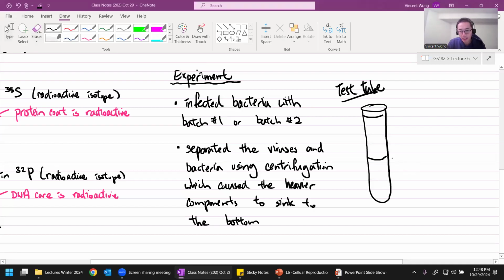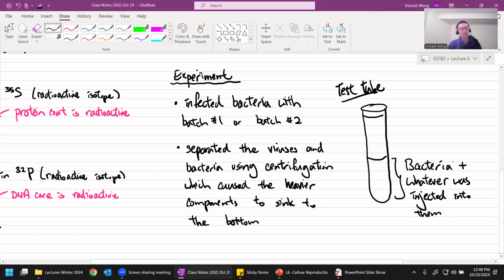This bottom part here will be the bacteria plus whatever was injected into them. Remember, they knew something got into the bacteria from the virus. They just didn't know what it was. But whatever got in is going to stay in the bacteria, and when you spin it, it's going to sink to the bottom with it.